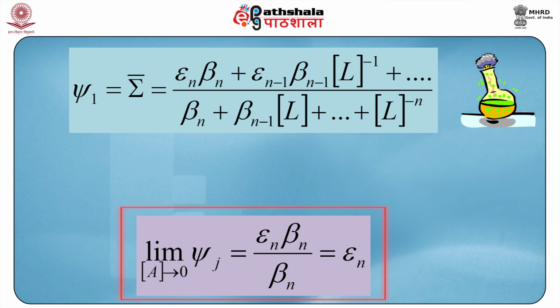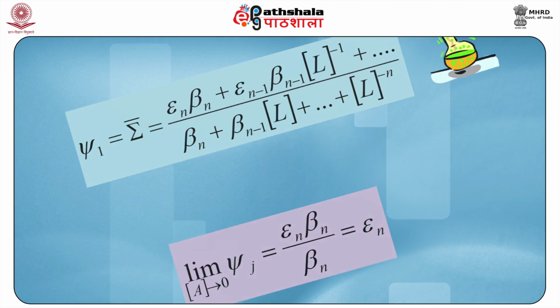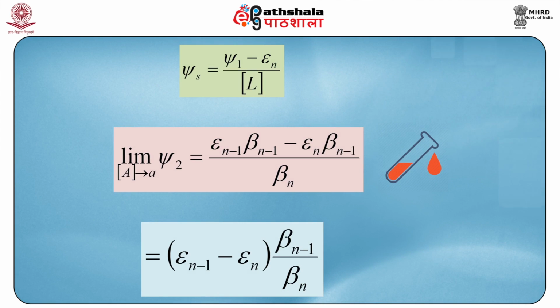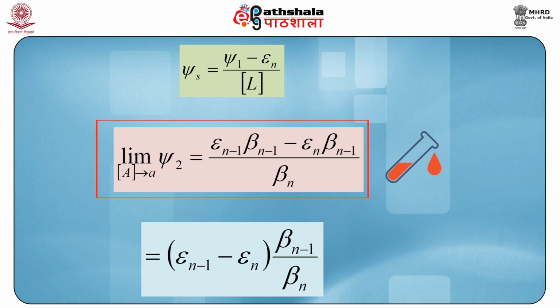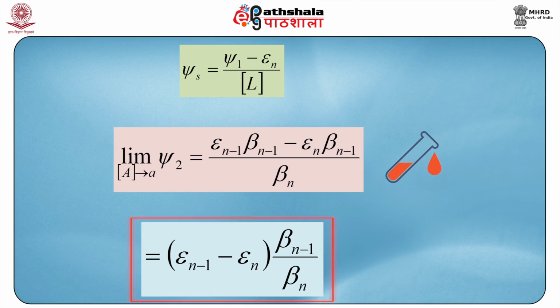Applying the limit to this function where concentration of A approaches 0, this is given by epsilon n. Similarly, taking another function psi 2, which is represented as psi 1 minus epsilon n divided by the ligand L concentration, we can apply the limit when concentration A approaches 0. This will be shown as epsilon n minus 1 minus epsilon n beta n minus 1 divided by beta n.